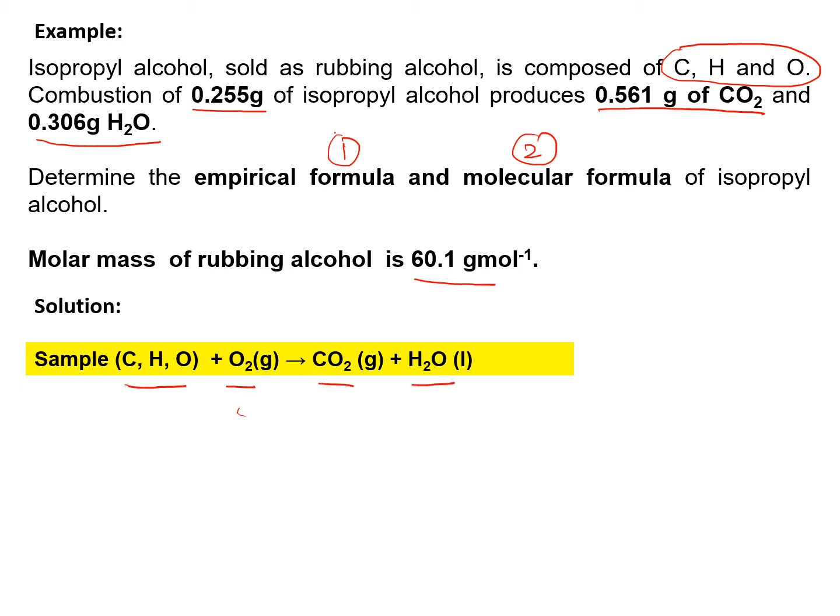So from the data for CO2 and H2O, we can calculate the mass of carbon from CO2 and the mass of H from H2O, but how about the mass of oxygen?